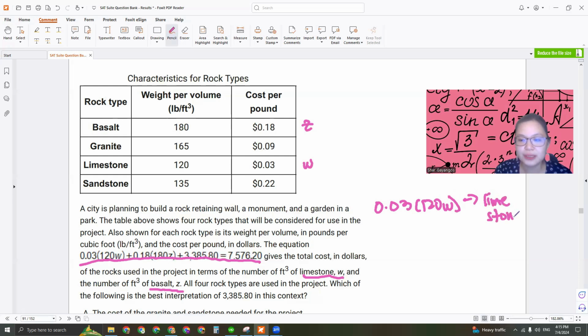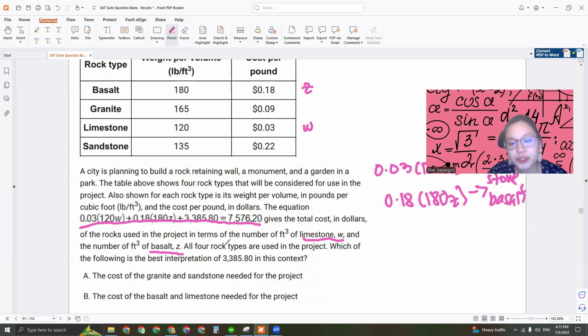And then, what else? 0.18 times 180Z, that's the total cost spent on basalt. Alright, let's continue. All 4 rock types are used in the project, so keep in mind that both granite and sandstone are also used. And then, which of the following best interprets this value here?